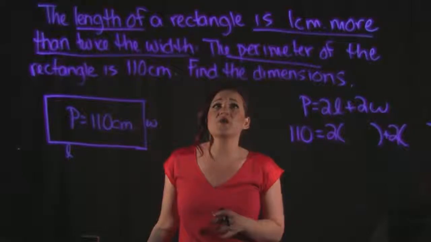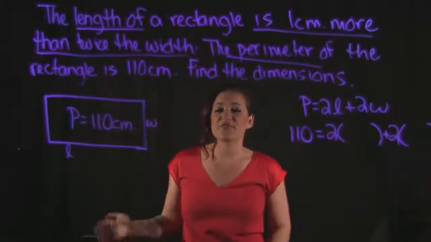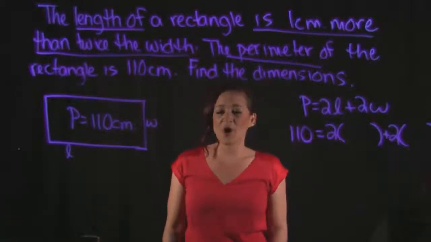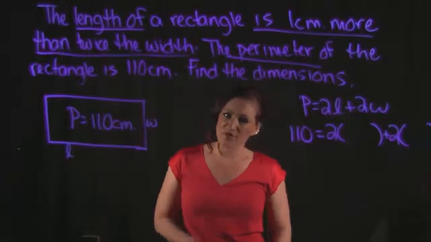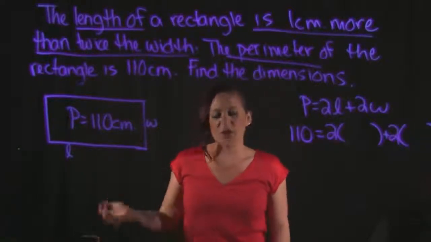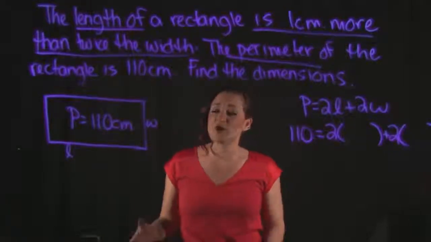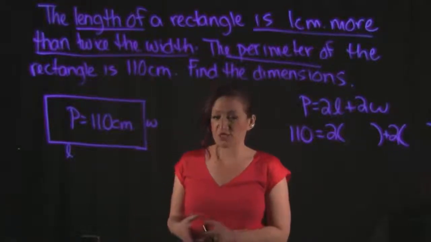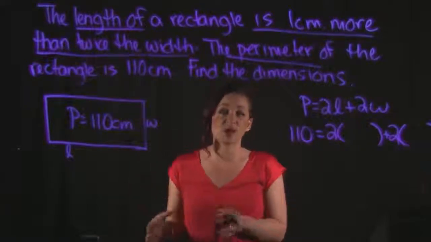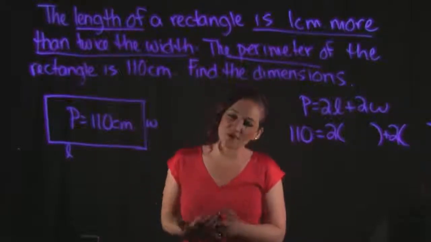And the only other information they give us is that the length is 1 centimeter more than twice the width. So having some kind of experience or practice in translating sentences into equations and into expressions really helps when it comes to word problems. That's kind of what they're meant for.